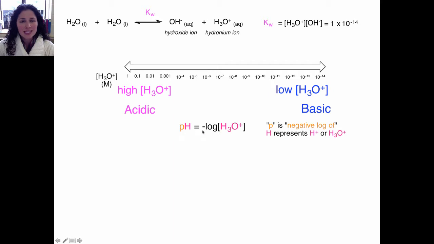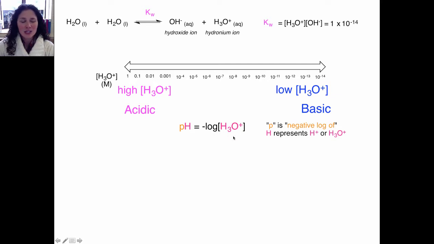P just means that it's the negative log of something, and the H stands for hydrogen ion concentration, which is the same as hydronium ion concentration in water. All of the solutions that we will discuss are aqueous solutions, or solutions in water. The pH is therefore equal to the negative log of the hydronium or the hydrogen ion concentration. Anytime you see a P in front of something, expect that it's the negative log of that thing.